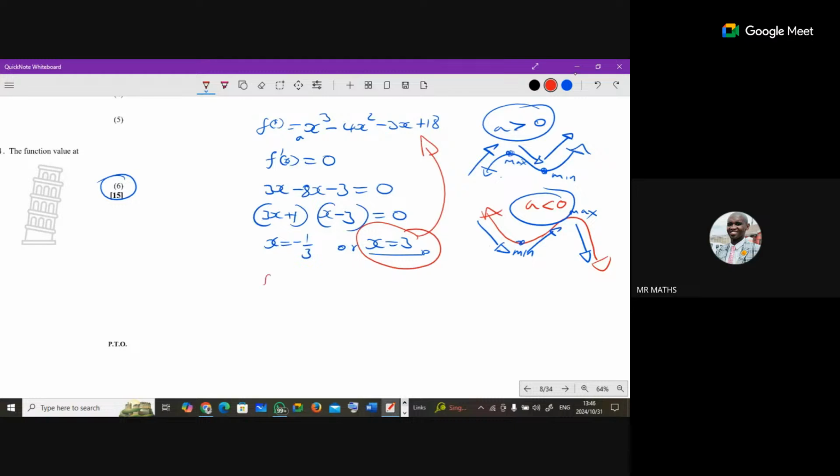The values of the turning point. F of 3, you are going to get the y value, right? Which is 3 cubed, minus 4 into 3 squared, minus 3 into 3 plus 18.